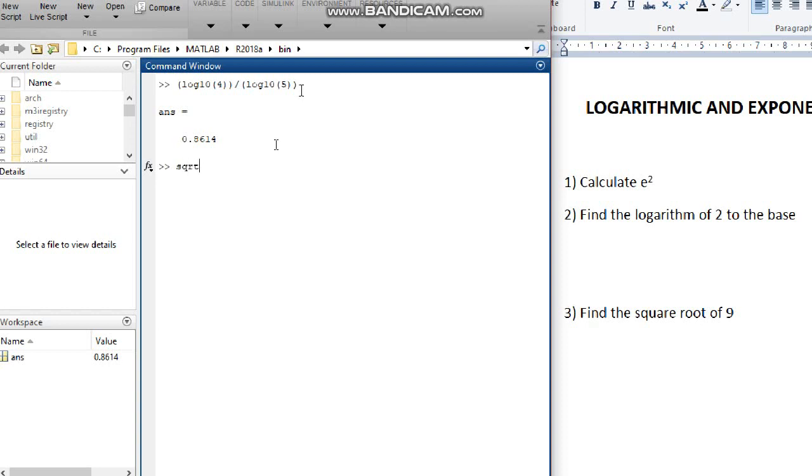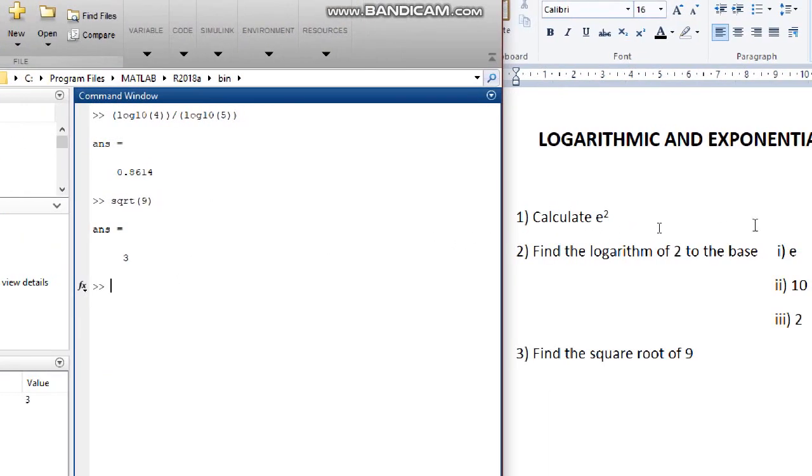So in this case I'm looking for the square root of 9. So sqrt of 9. So knowing that square root of 9 is 3, if I hit enter, it's going to give me as answer 3. So that is how square roots in MATLAB are being found.